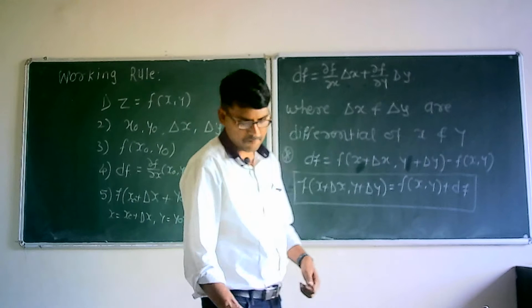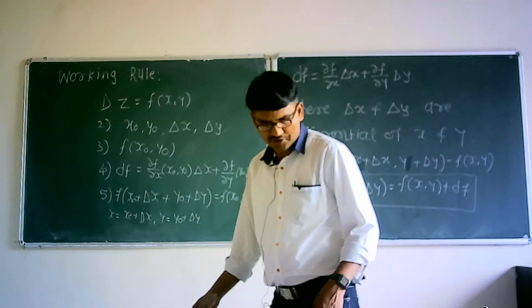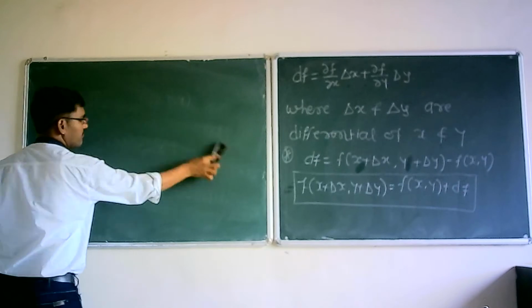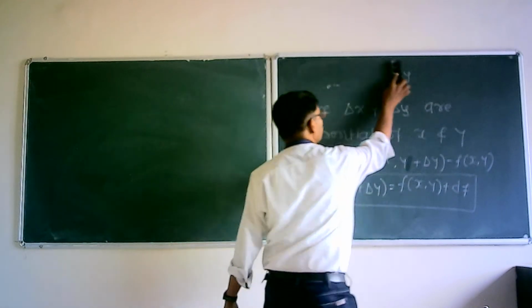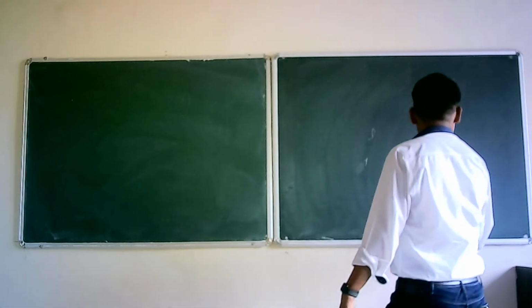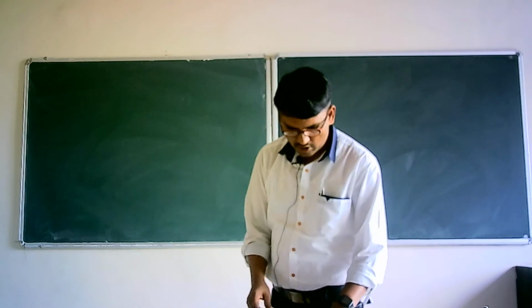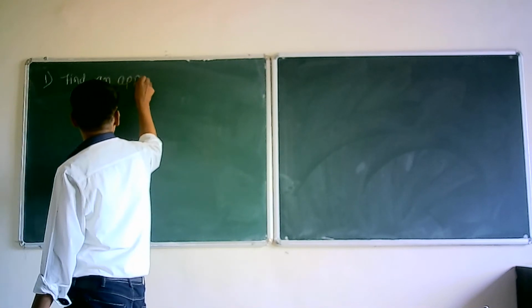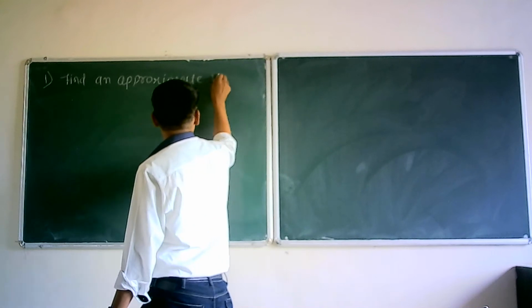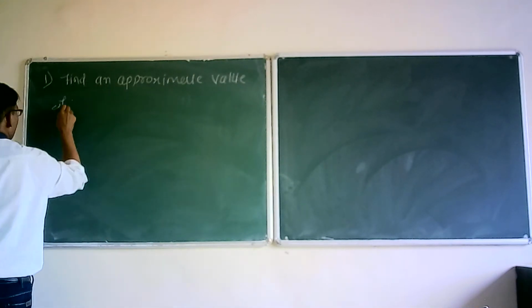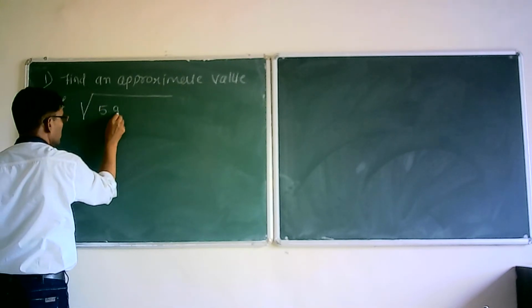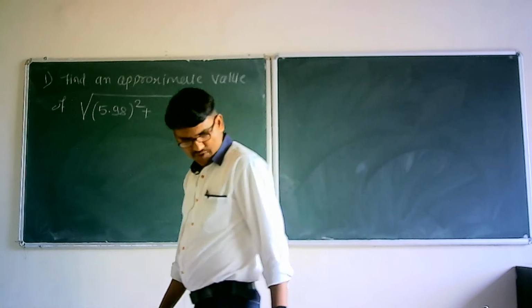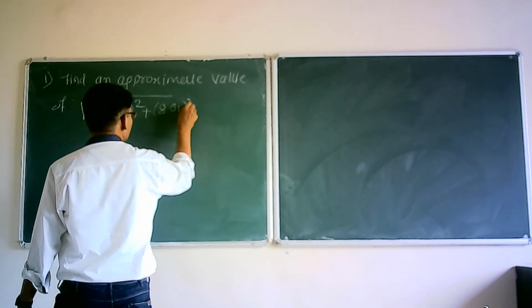For example, find an approximate value of under root of 5.98 squared plus 8.01 squared using differential.